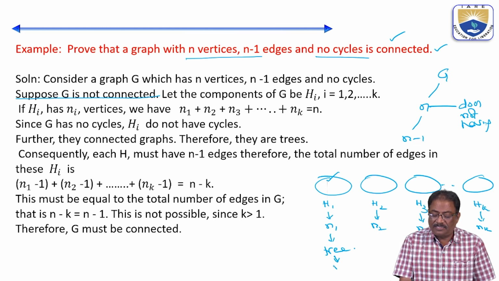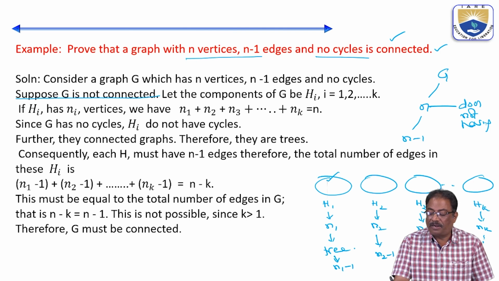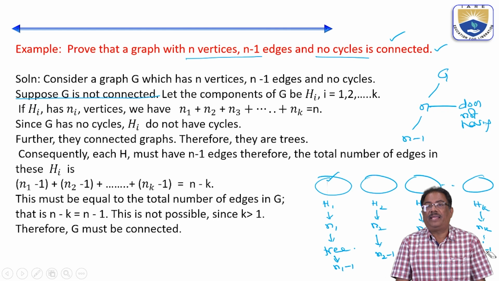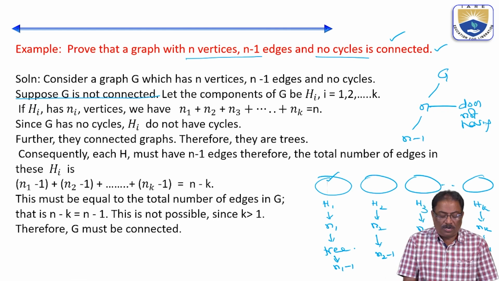A tree with N1 vertices has how many edges? N1 minus 1. This one is N2 minus 1, this is N3 minus 1, and so on, this is NK minus 1. So what is the total number of edges?